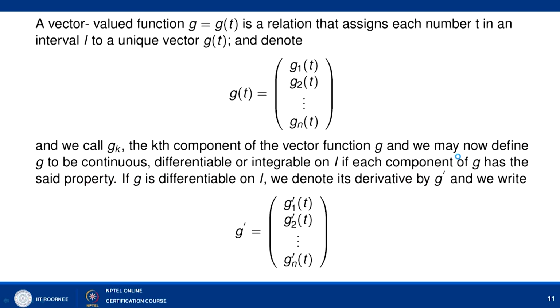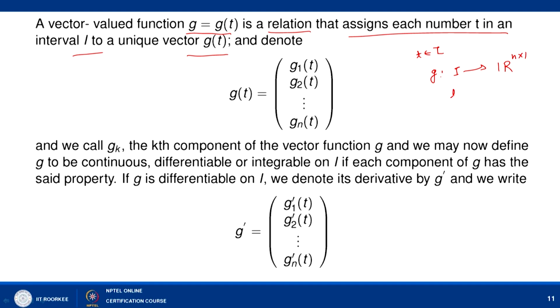So in general we can define a vector valued function g equal to g(t) as a relation that assigns each number t in an interval I to a unique vector g(t). So it is a map from an interval, t belongs to I, so I can write g as from I to R n cross 1.